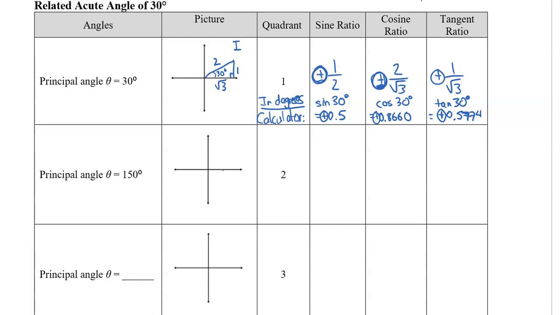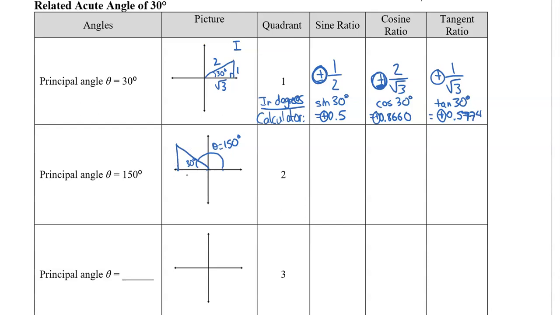All right, let's take that related acute angle and put it in quadrant 2 now. If I put this in quadrant 2, my related acute angle of 30 degrees means I would have a principal angle of 150 degrees. And this length down here is representing the length of the x, according to the coordinate the x would be.